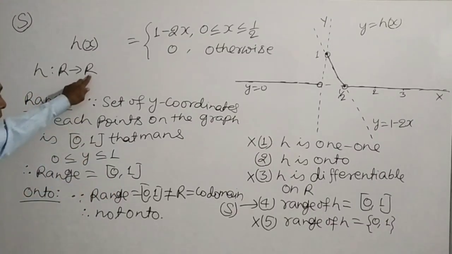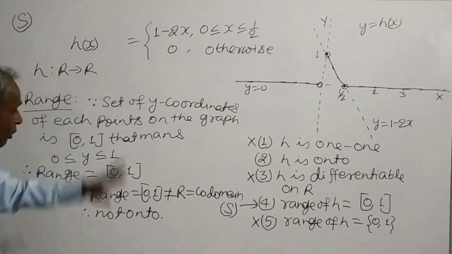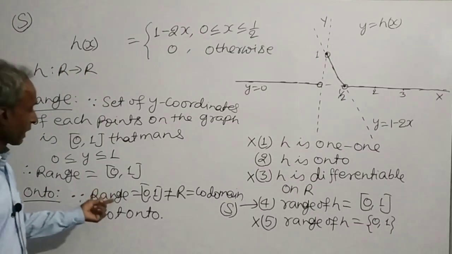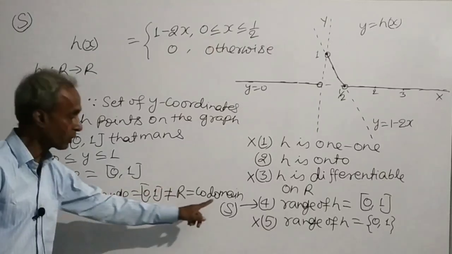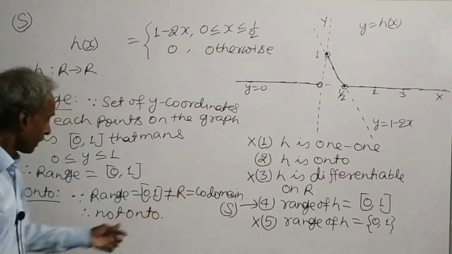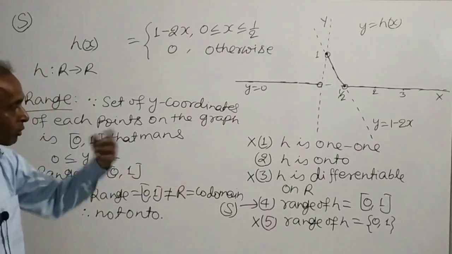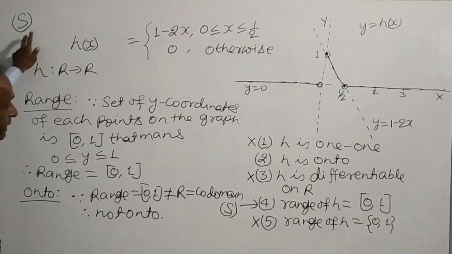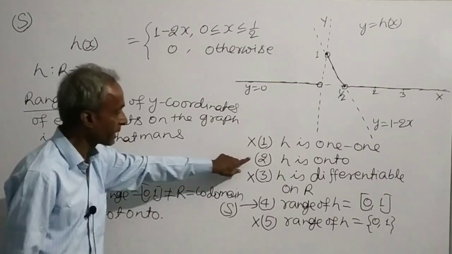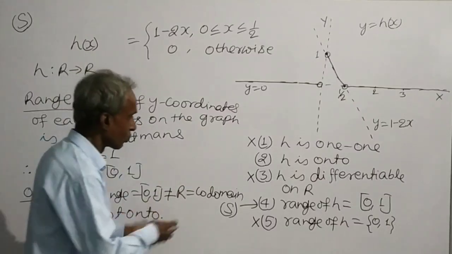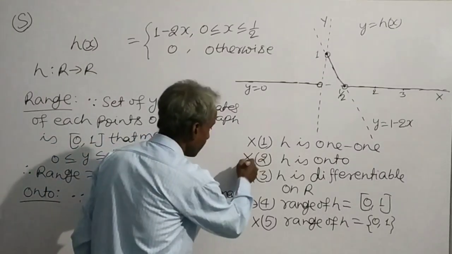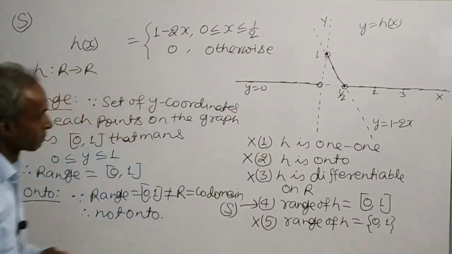But the codomain of this function is R, that means the set of all real numbers. Therefore, range is not equal to codomain. Therefore, this function is not onto. Not onto means this S cannot be matched with this 2.